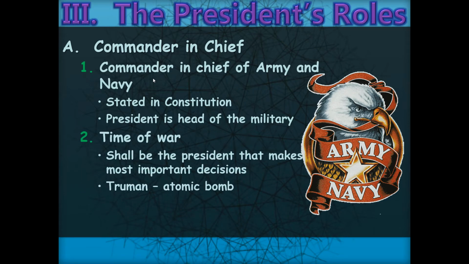During time of war, the president is the one that is going to make the most important decisions. Most presidents are going to rely on their advisors, both military and civilian advisors, but ultimately the final decision on things does fall on the president. Probably the biggest example of this would have been with Harry Truman deciding to drop the atomic bombs on Japan. This was something that had been in the works for some time under President Roosevelt.